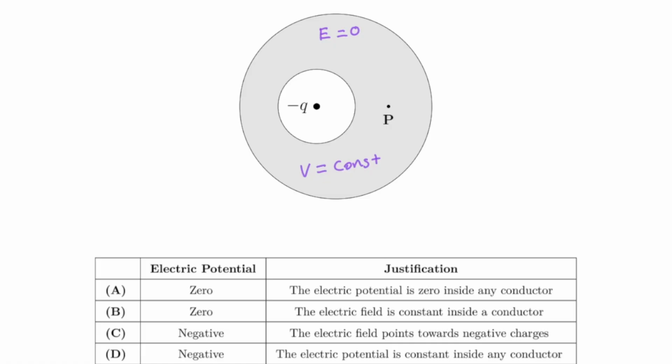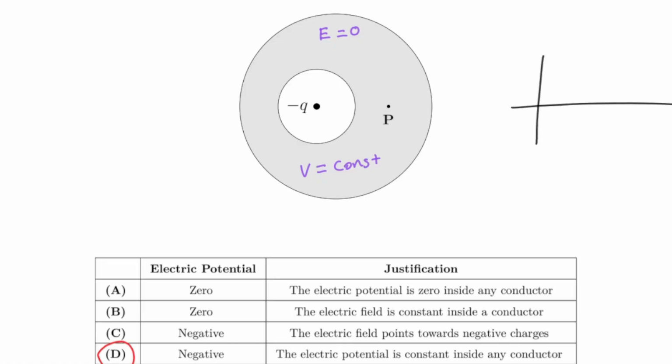So the electric potential is just influenced by what's around it. And well, we have a valley in this problem, so it is going to be a negative electric potential. And the potential inside the conductor is also negative due to that point charge because V is constant. So if I have a negative potential being generated by this point charge here, well, that means that that negative potential must be maintained throughout the entire conductor.